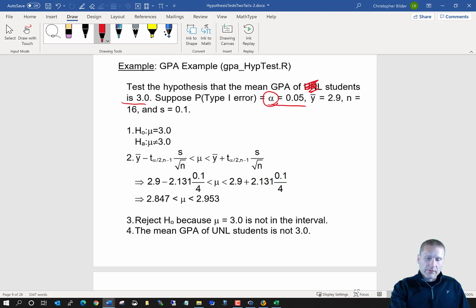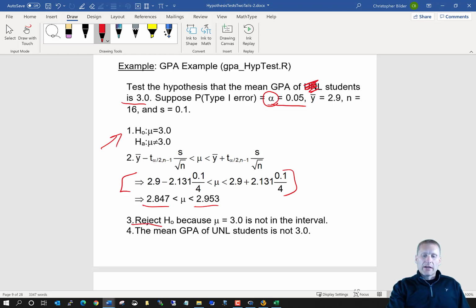So, step 1, state your hypotheses. Mu is equal to 3.0 versus mu does not equal 3.0. Step 2, calculate your confidence interval. I go through my normal calculations as I've done before, and I get 2.85 to 2.95. Step 3, decide if you reject or don't reject, and you need to tell me why.